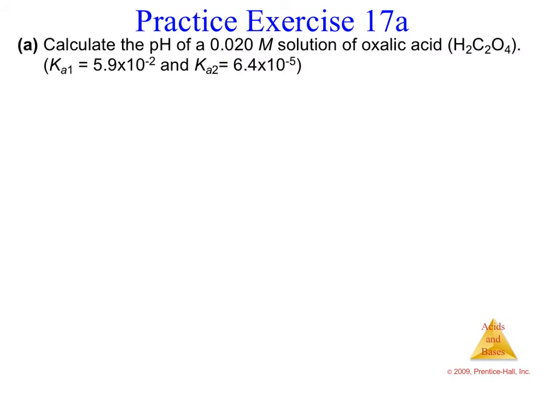So in icebox 1, I see I have both HC2O4 minus, which is equal to X, and hydronium, which is also equal to X. X from before was 0.0158. I'm going to use just 2 sig figs carrying forward, so 0.016 molarity.